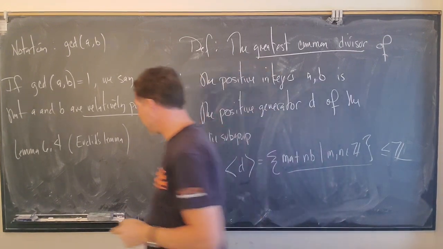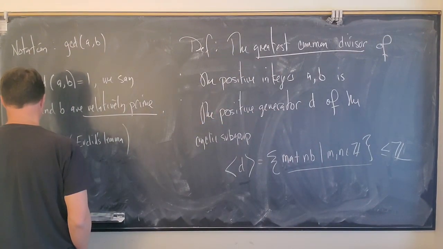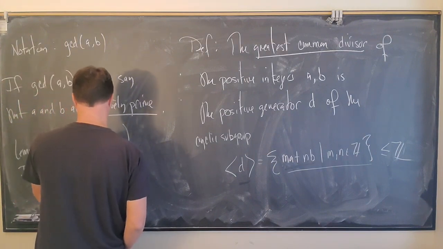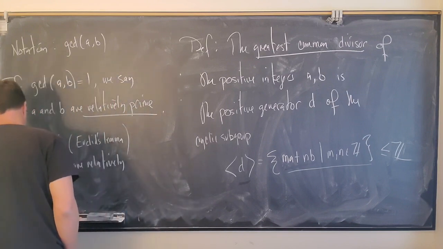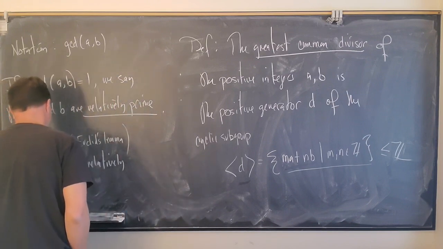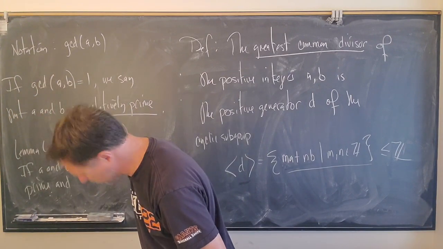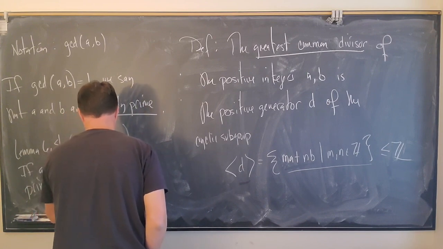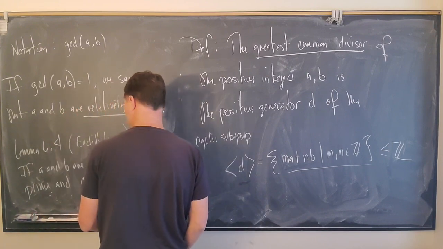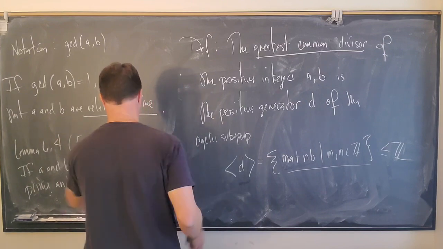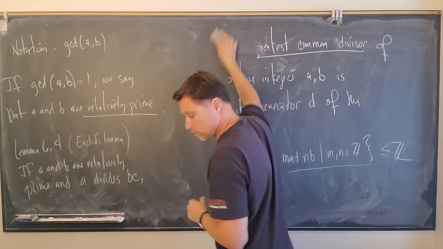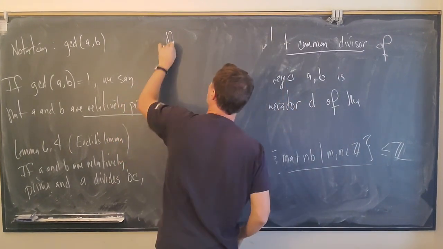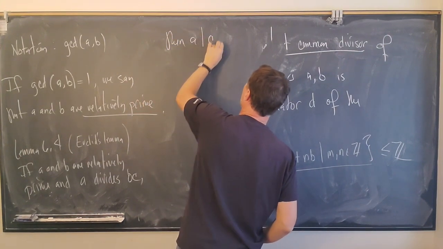It goes like this: if A and B are relatively prime, and A divides B times C, then A has to divide C.